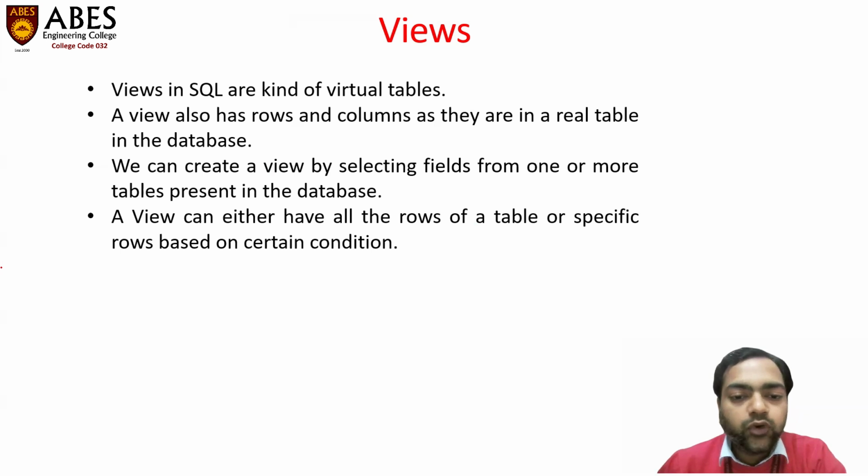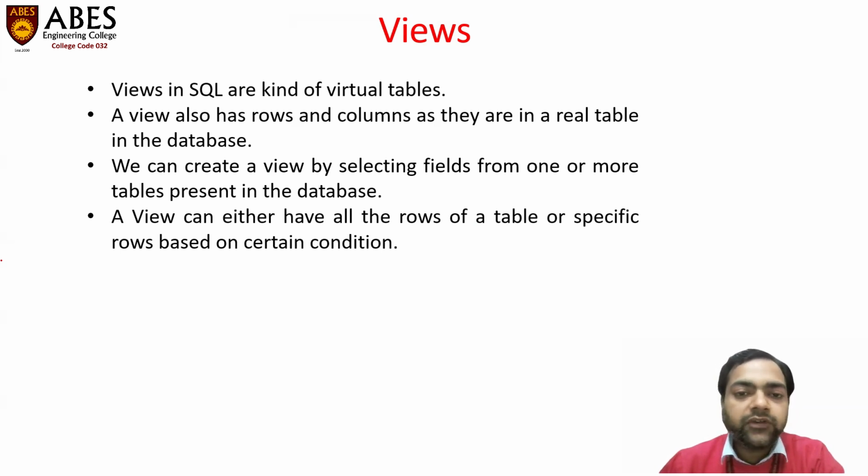We can create a view by selecting fields from one or more tables present in the database, so not only from one table, we can also create views from multiple tables. It can either have all the rows of the table or specific rows based on a certain condition.